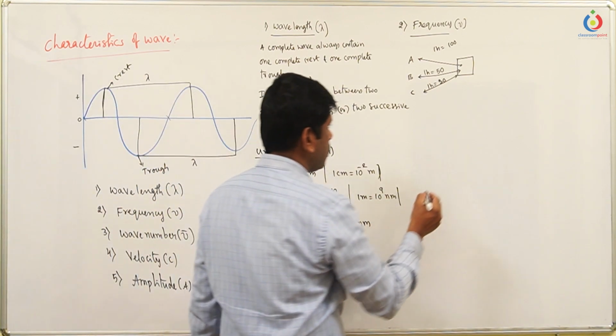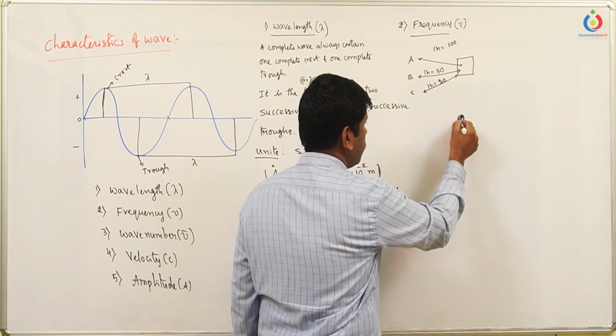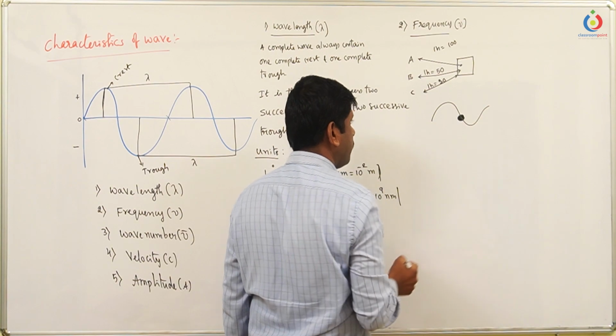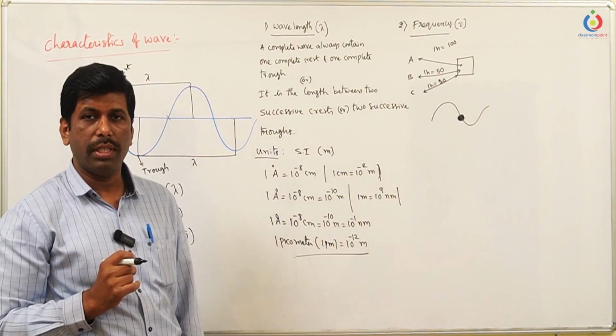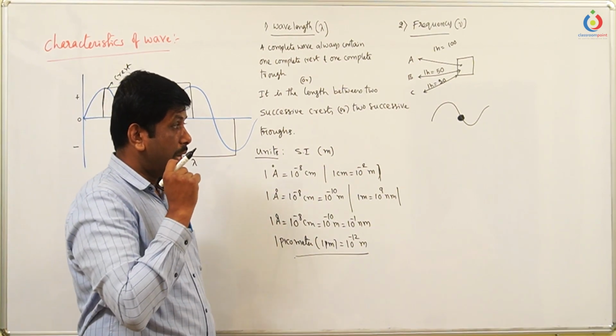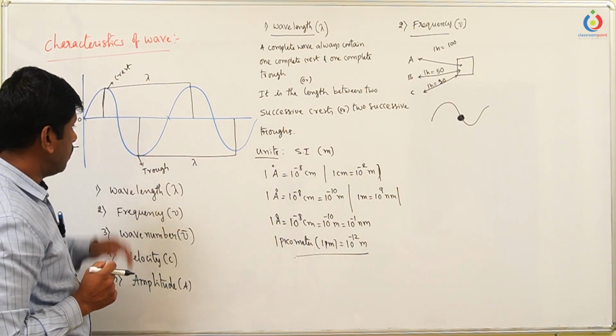So while taking the fixed point, just imagine the number of waves that can pass through a fixed point in 1 second of time is known as the frequency. Here, a wave means, as I said, one complete crest and one complete trough.